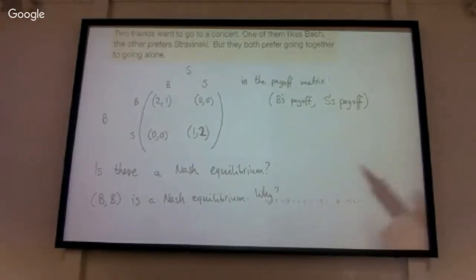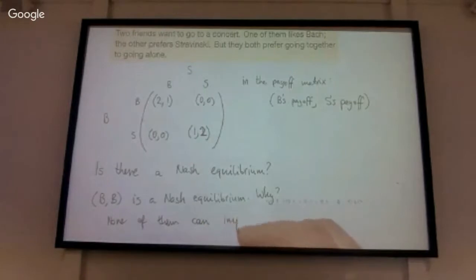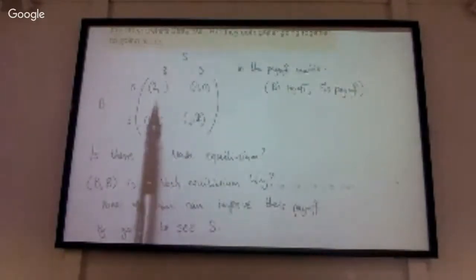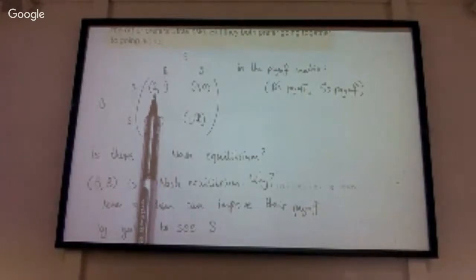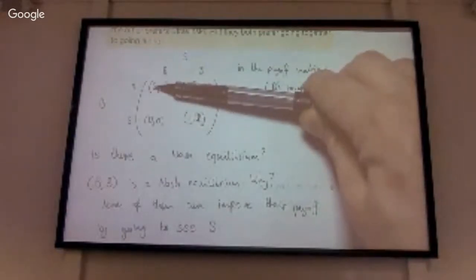Why? Well, if they are both here, then if the row player changes, their payoff is going to go down from 2 to 0.